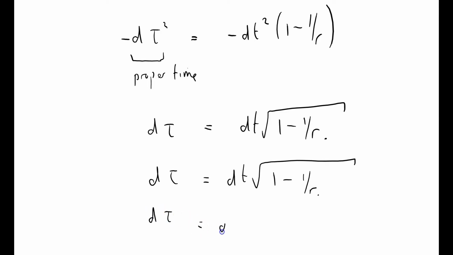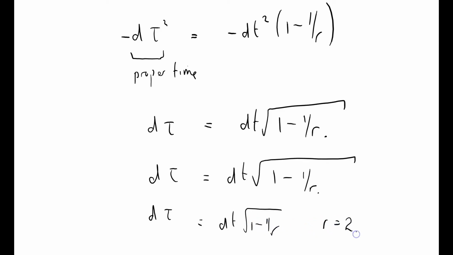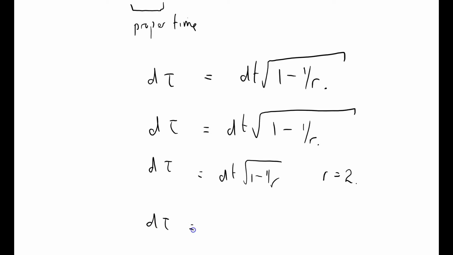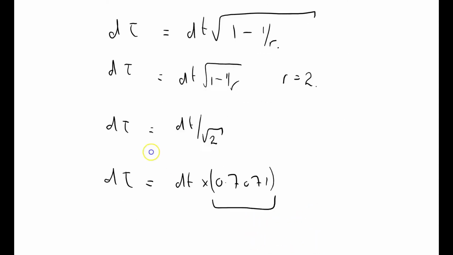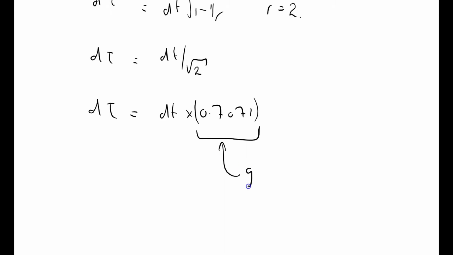Let's say r equals 2. And that means that d tau equals dt over the square root of 2. So d tau equals dt times about 0.7. And this is a gravitational time dilation effect.